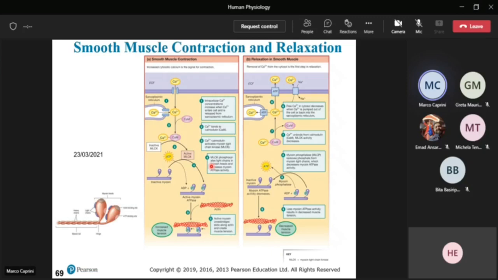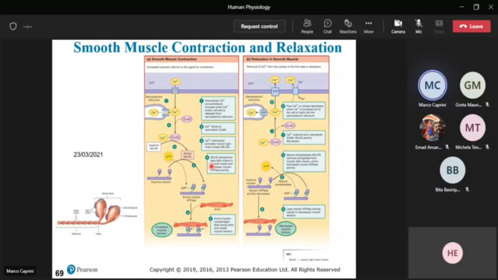Only when the calcium increases inside the cell can the complex calmodulin activate the myosin light chain kinase, an enzyme. The myosin light chain kinase phosphorylates chains in the myosin head and increases the myosin activity.